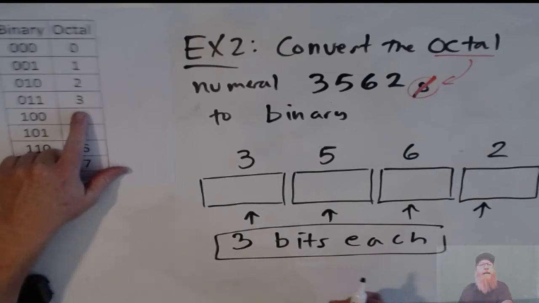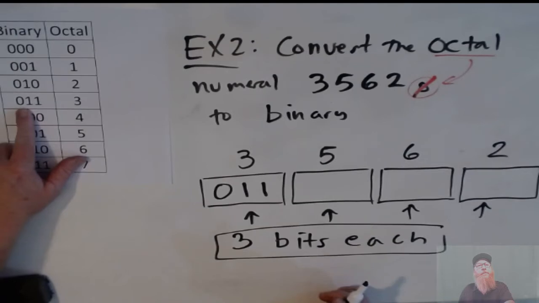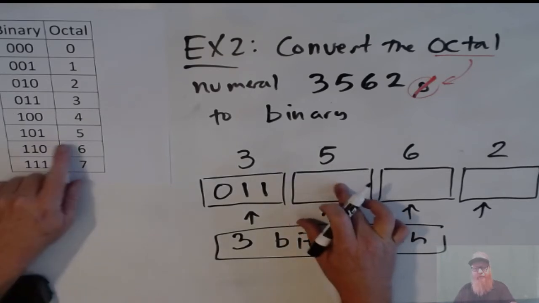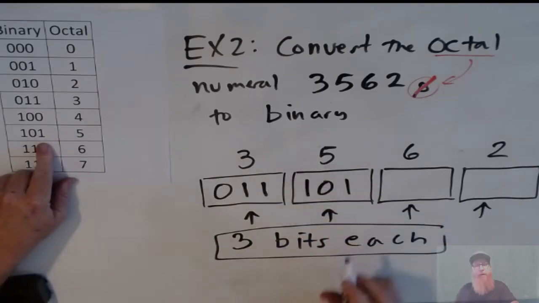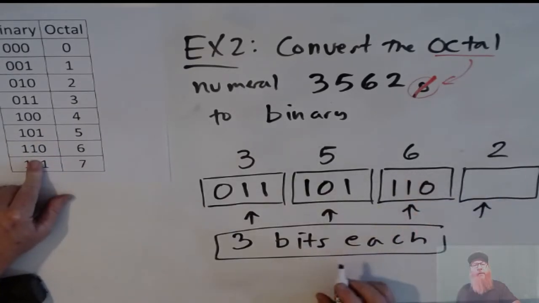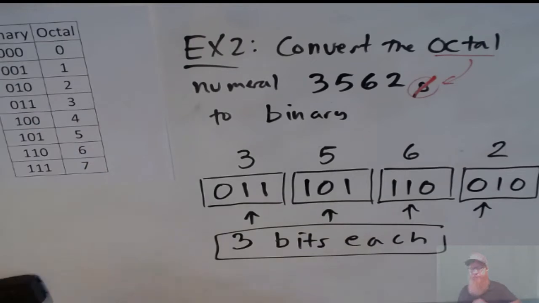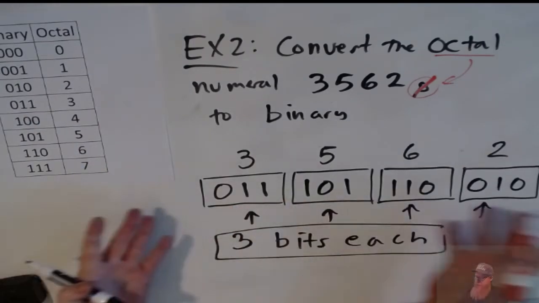So 3 is 0, 1, 1. 5 is 1, 0, 1. 6 is 1, 1, 0. And 2 is 0, 1, 0. And that is your conversion.